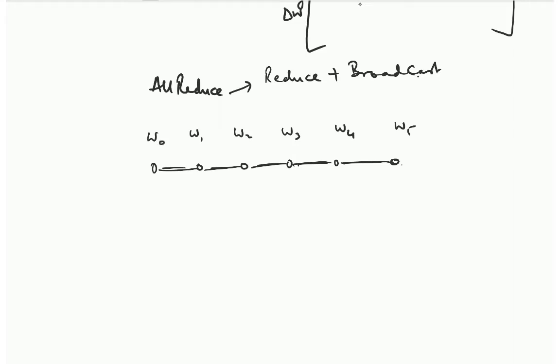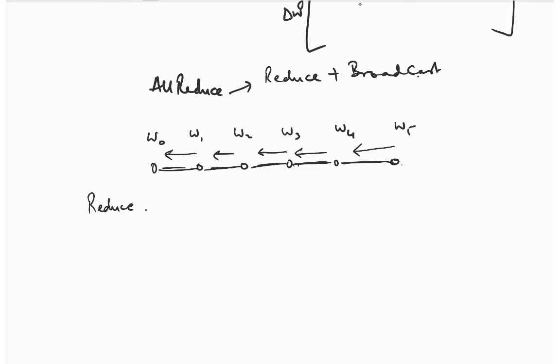So how do I do a reduce? W5 can just send its vector to W4, right? W4 can do the element wise addition into the vector and pass it along to W3. W3 can do its own element wise addition and pass it to W2 and so on. And what will you get at the end of it? What will W0 have? That's called the reduce operation.